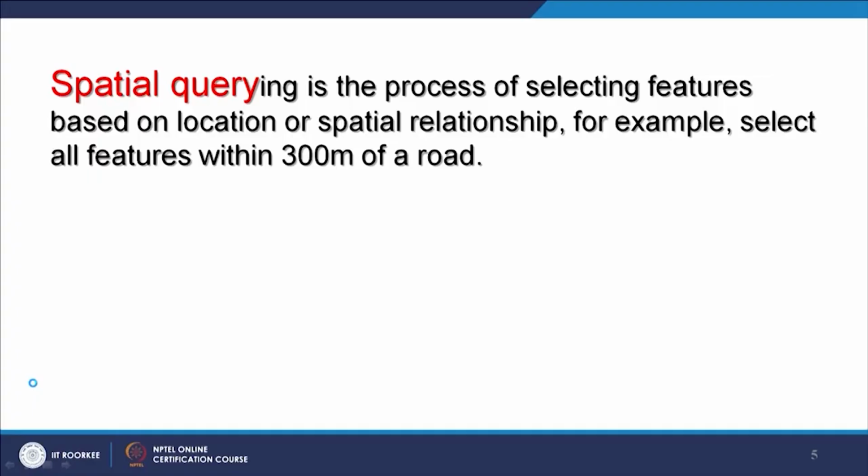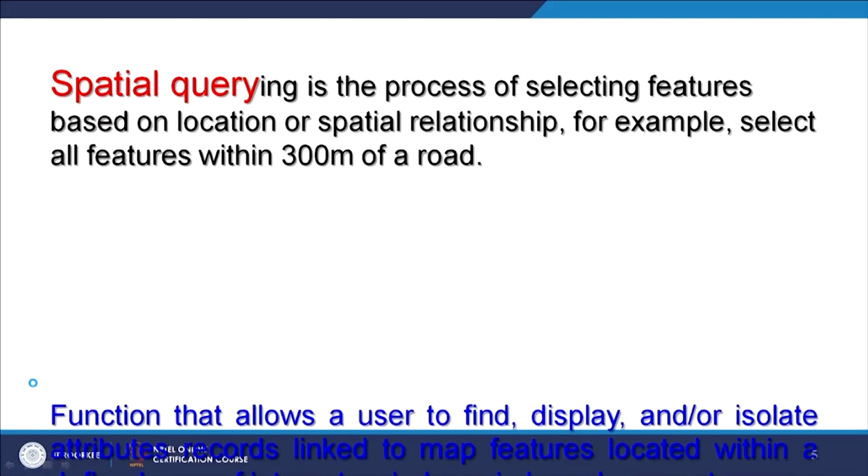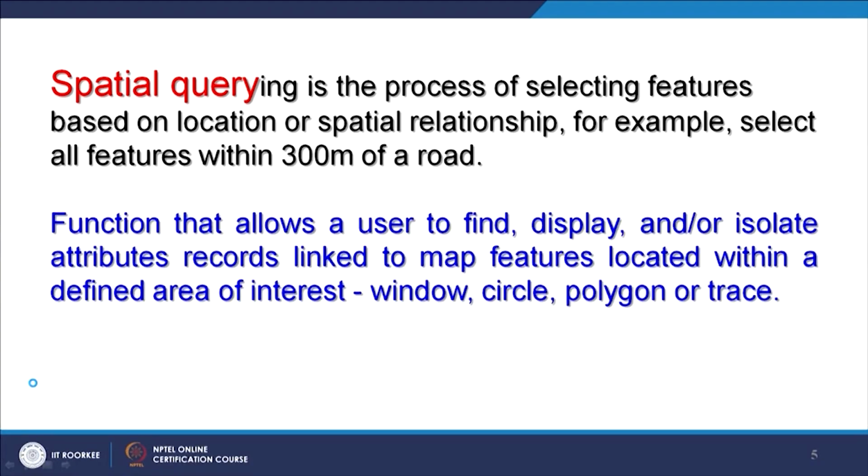Now spatial querying is the process of selecting features based on location or spatial relationships, for example all features within 30 kilometers of a road or 300 meters of a road, that means creating a kind of buffer. Using a buffer, a spatial query can also be performed, with functions that allow a user to find, display or isolate attribute records linked to map features.